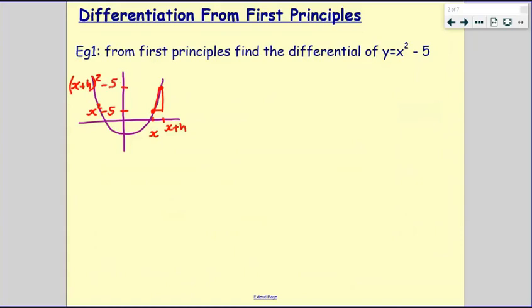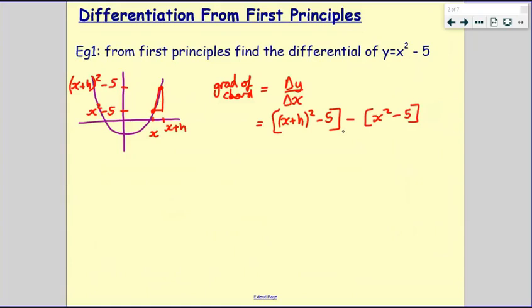Okay. So to find the gradient of that chord, we can write gradient of chord equals delta y over delta x, which is going to be the difference in our two y values, which gives us x plus h squared minus 5, subtract x squared minus 5.